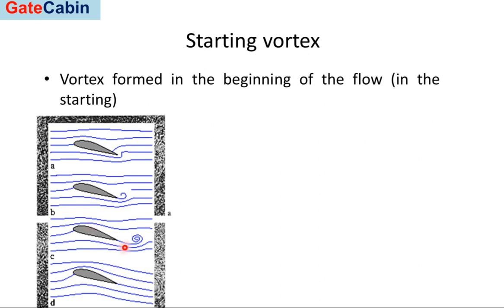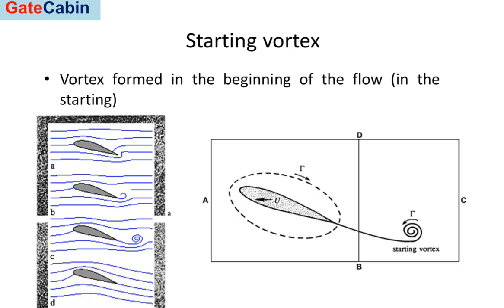So the starting vortex is formed in the beginning, and the detachment of this vortex results in generation of steady lift on the surface of the aerofoil.